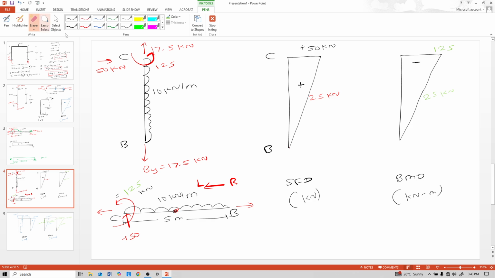Minus 31.25, because see this anti-clockwise is minus 125, this is 50 into 2.5 is minus 10 into 2.5 into 2.5 by 2 is minus 31.25.